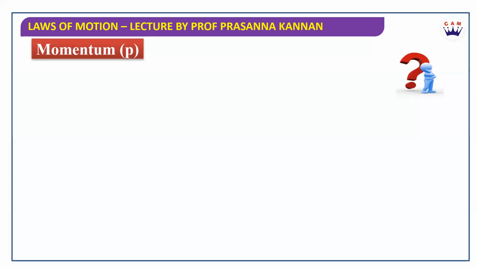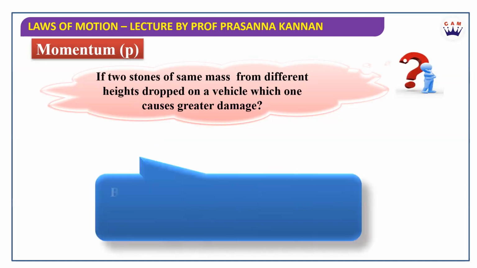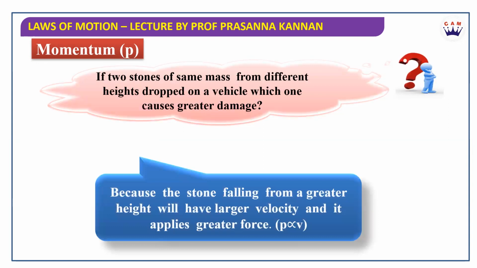Mass is same, but velocity is more for the one coming from the greater height. Therefore, momentum MV will be greater for that body, and it will create more impact. The stone falling from greater height produces greater damage, because it will have larger velocity and hence apply greater force.